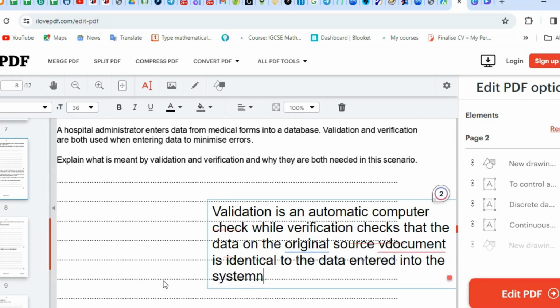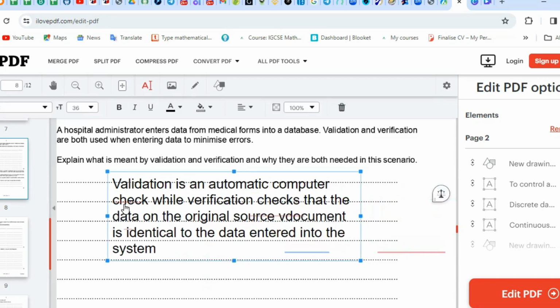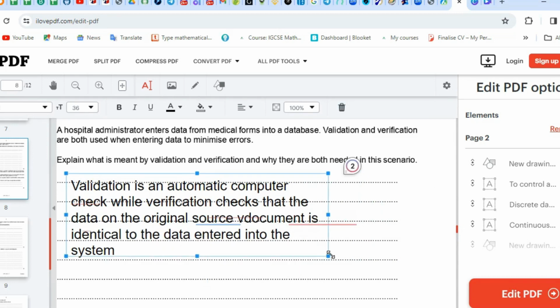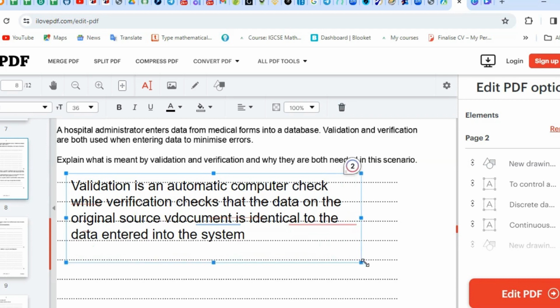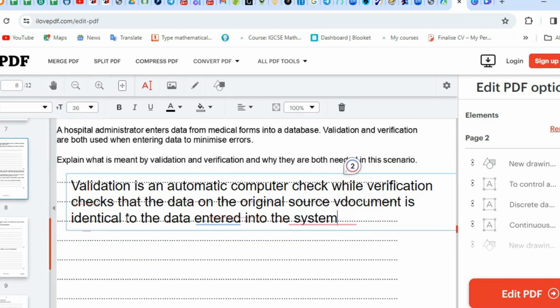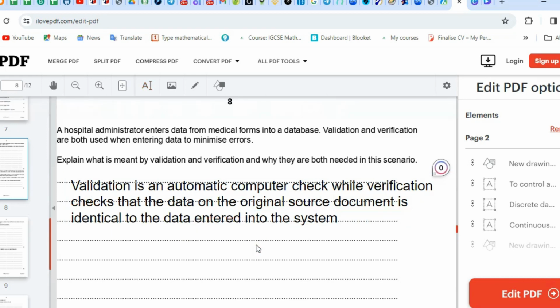So validation is an automatic computer check. That is, you don't have to do anything. The computer will check it on its own. Verification checks that the data on the original document is identical to the data you've entered on the system.